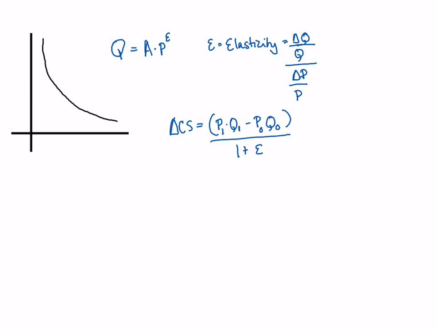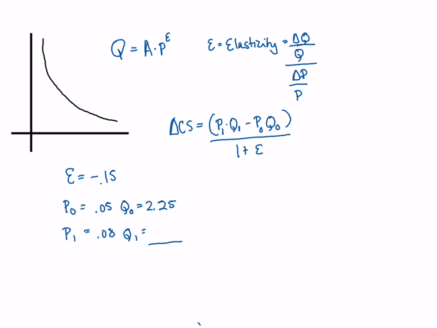So what you need to have is the elasticity and 2 points. Using the example from the book, let's assume that elasticity is equal to negative 0.15, and that we have 2 points. We have P0 equals 0.05 and Q0 equals 2.25, and then we also know that P1 equals 0.08 and Q1 equals, well, we can actually calculate this.